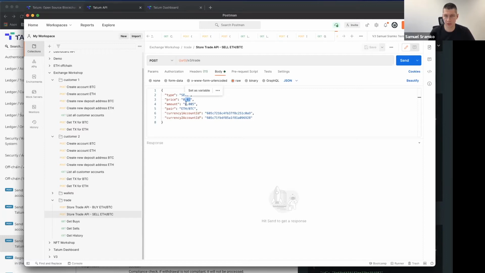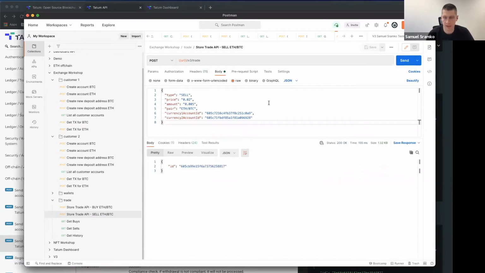He wants to sell 0.005 Ethereum. And again, currency one account ID is Ethereum, currency two account ID is Bitcoin. So he just sent this trade to the exchange, to the order book.